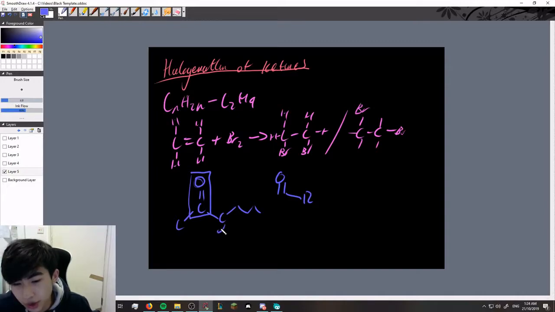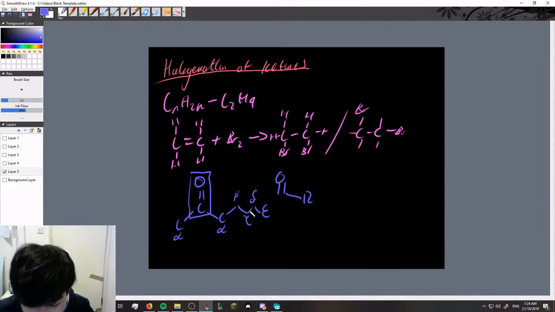So the first carbon would be our alpha carbon, this would be our beta carbon, then gamma carbon, delta carbon, epsilon carbon, etc. But on the other side, this carbon would also be an alpha carbon. If it only had one carbon coming off, with no second carbon, then it wouldn't have a beta carbon, contrary to this other side.